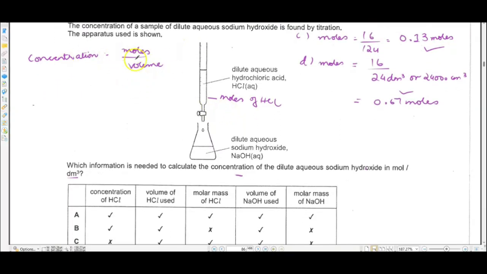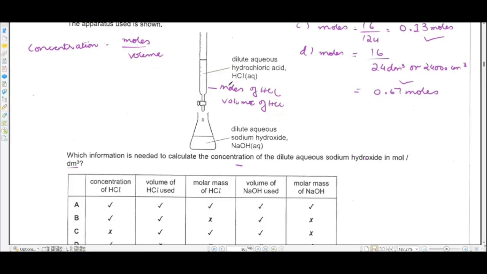Because these formulas can be manipulated. So you need moles of HCl, and if you have volume of HCl, from that you can always get to know the concentration of dilute sodium hydroxide, because you will write the formula and these are interchangeable.